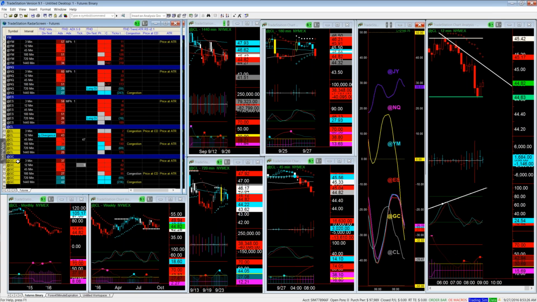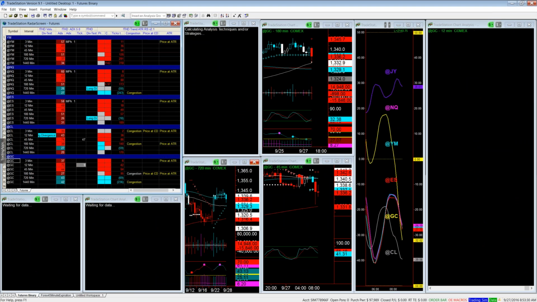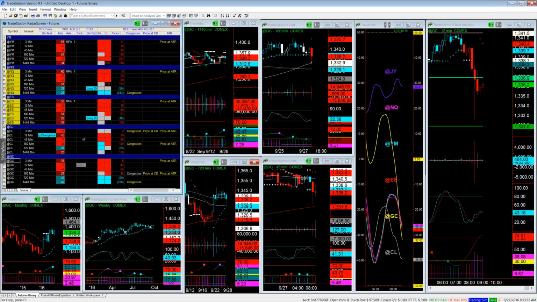Let's go look at gold. We haven't looked at gold yet. I would think that gold would go up, but I'm going to wait until the market opens before I even attempt that trade.